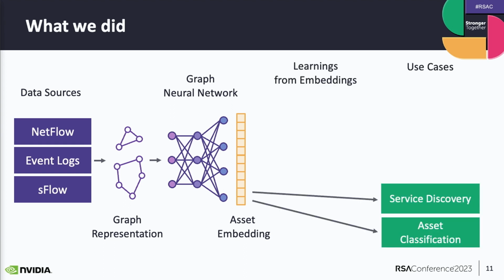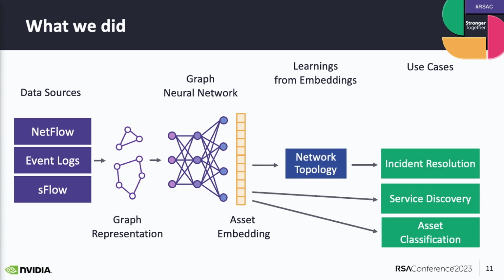So for instance, we can use these embeddings to predict the type of asset, for instance if these embeddings are part of a SQL server or they belong to a workstation or a laptop. We can also see how different embeddings from assets work together to form a service, and that will come under service discovery.